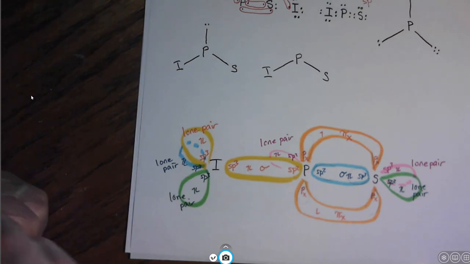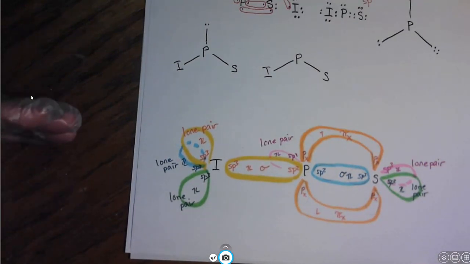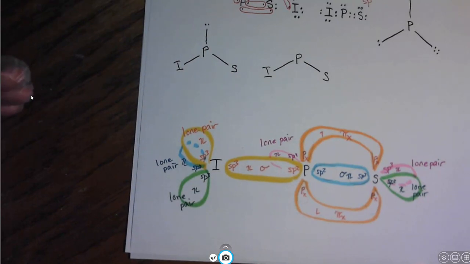So we just chose X. We could have chosen Y or Z. If we have two pi bonds, they have to be on different axes. That's the thing I want you to remember: you can't have two pi bonds both on X or both on Y. You have to have one pi bond on X and one on Y or something like that. Okay?